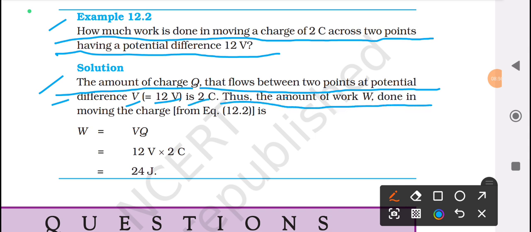Thus, the amount of work W done in moving the charge, from equation 12.2, is W equals VQ. V equals 12 volt and Q equals 2 coulomb, so W equals 24 joule.